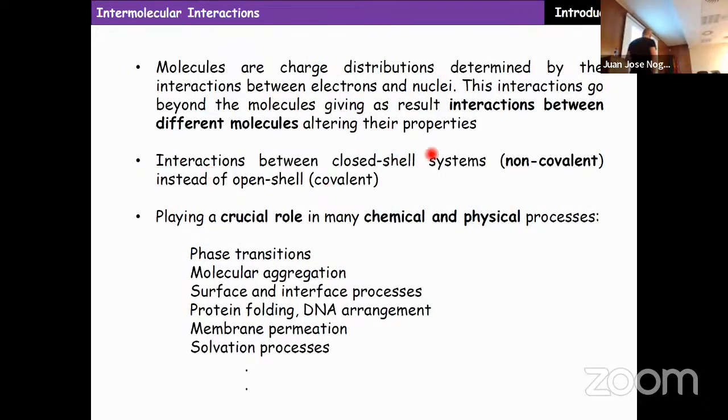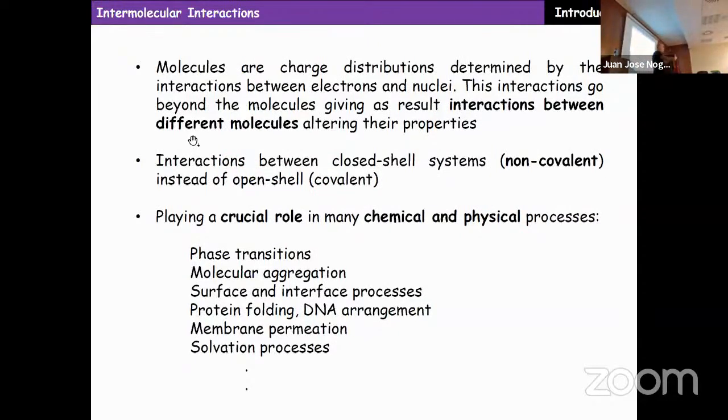So the intermolecular interactions we are going to talk about are interactions between closed shell systems. They are called non-covalent interactions. Okay, the difference with the covalent interactions is that the covalent interactions are, of course, in open shell systems.